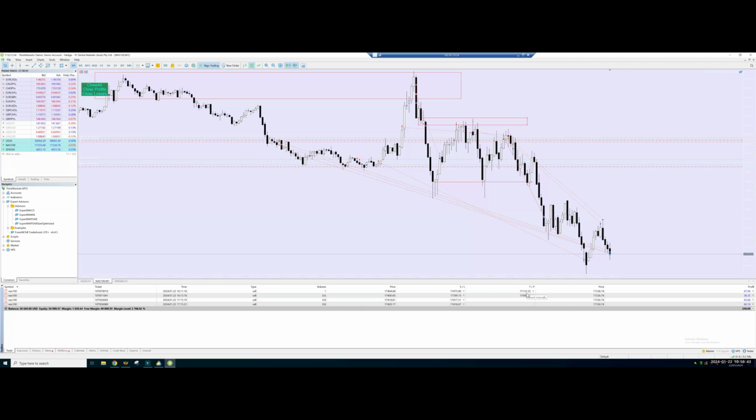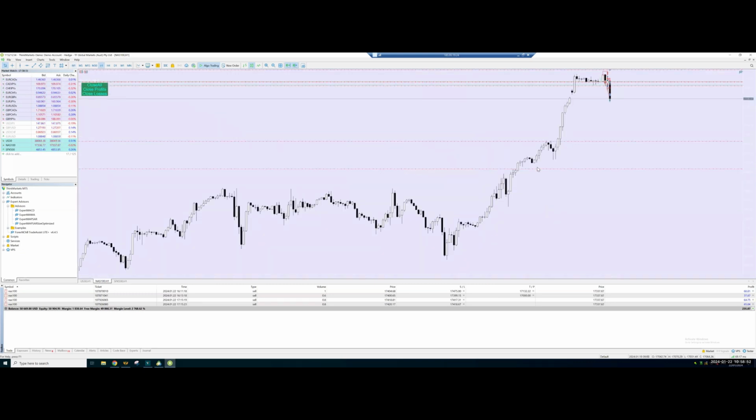See, these have TP set. I set those. I dragged them on there. So let me go to my higher time frame and see if I want to adjust anything. So you see where I put my final TP on that one, and it shows how much profit it would be. 261 bucks, if you hold it over there.